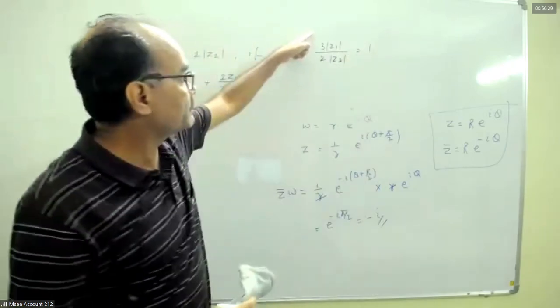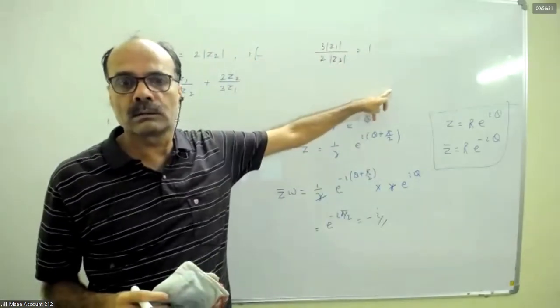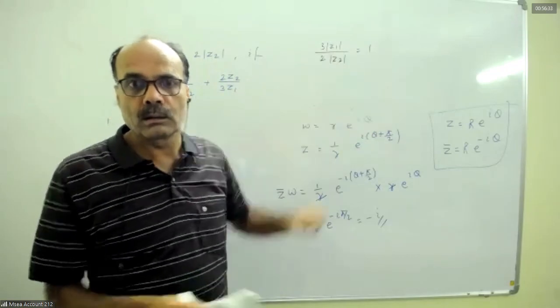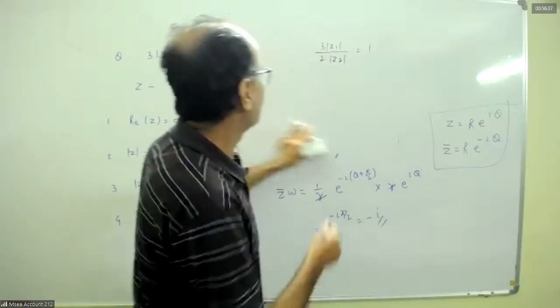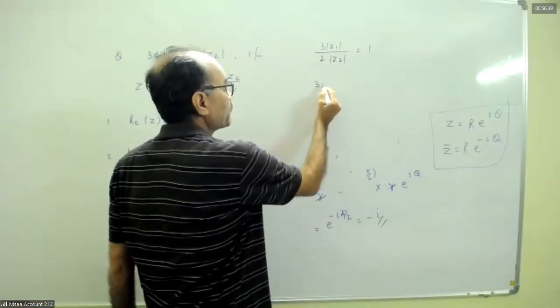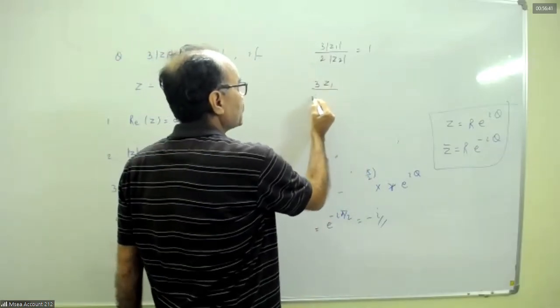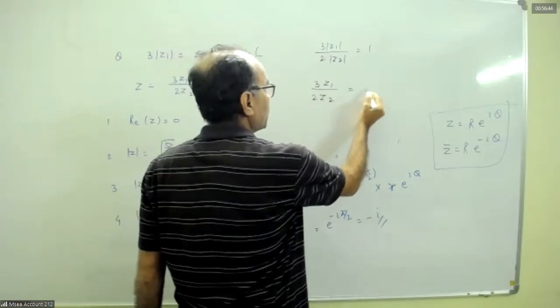So magnitude of this complex number is 1. If magnitude of any complex number is 1, we call it unimodular. So we can write it in terms of one parameter: 3Z1 by twice Z2 equals e to the power I theta.